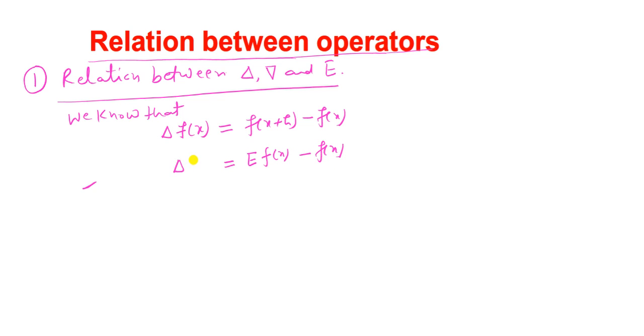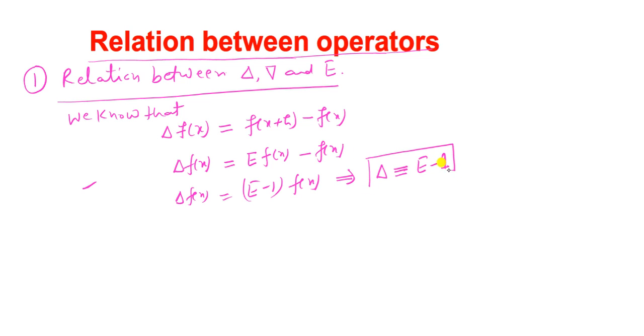This is equal to forward difference operator operate on the function f(x), or del f(x) is equal to (E minus 1) f(x). So using right cancellation law, we obtain forward difference operator del is equal to E minus 1.